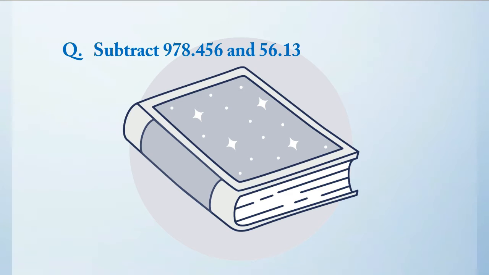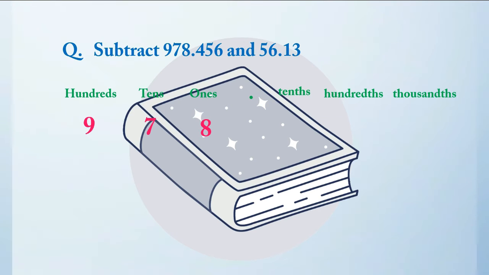Now question number 3. Here we have to subtract 978.456 and 56.13. So we'll copy them according to their place values, 978.456, and copy the second number below the first number, 56.13. Now digits are missing at the thousands place and hundreds place, so we will put the 0 over here.